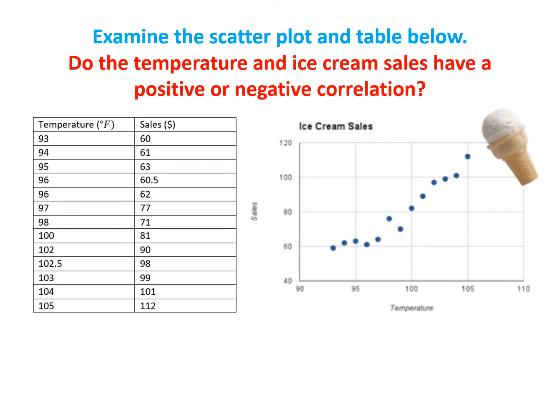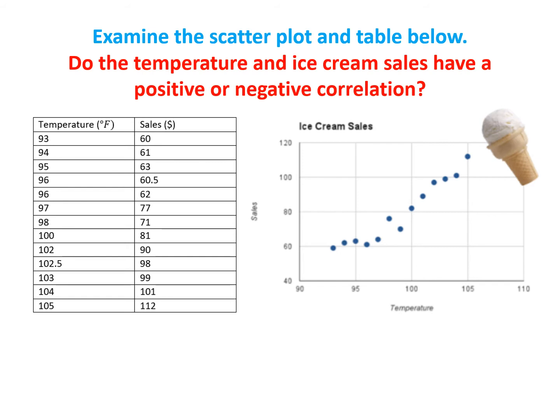Another thing, if we look in the bottom left-hand corner, we are used to that spot being 0, 0, the origin, but notice in this example, on the x-axis it is 90, and on the y-axis it is 40, so we have to pay attention to that. The question in red says, do the temperature and ice cream sales have a positive or negative correlation?